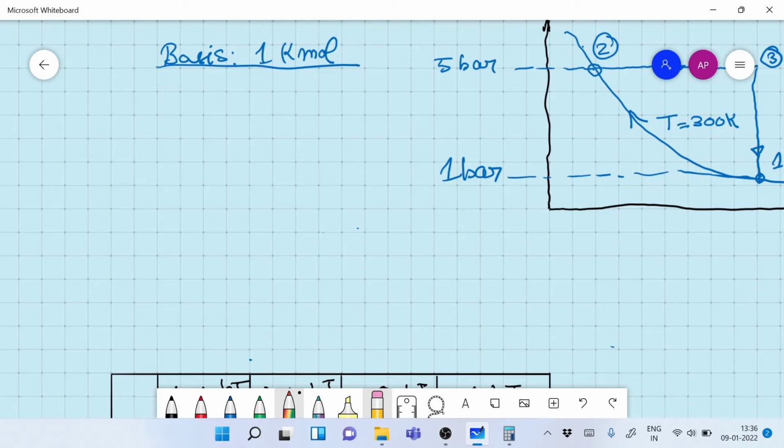So let's do it. Now the volume at 2 divided by the temperature at 2 is equal to the volume at 3 divided by the temperature at 3.